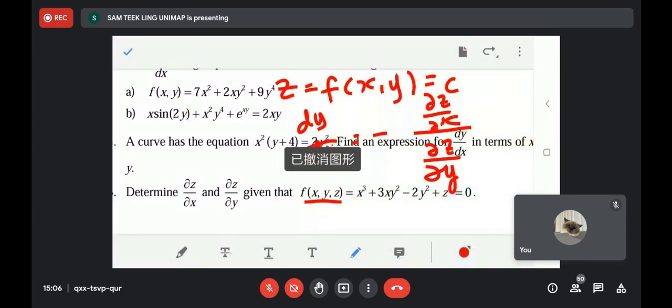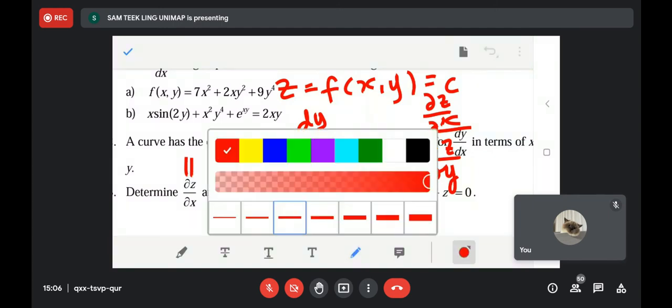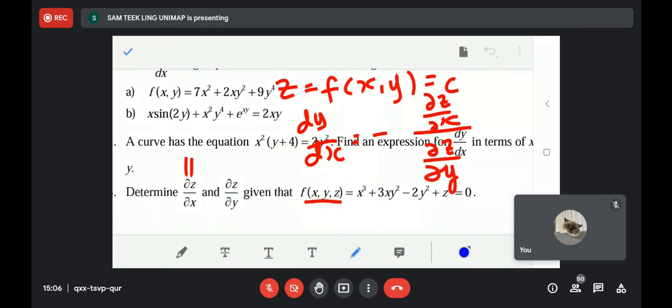So for del z del x, here the variable is z, so you replace y with z, then z is the function.